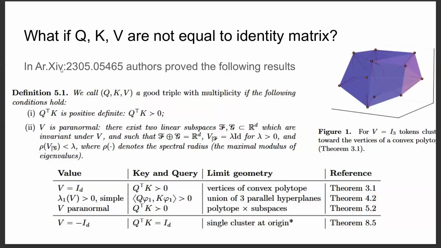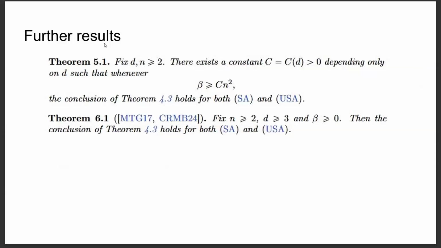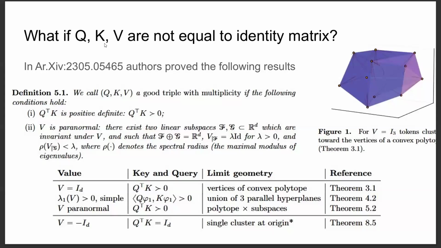This paper considers the cases when you do not need query, key and value matrices being equal to the identity matrix. That was just a simple degenerate case, but for general cases, you might see the results of what will be the limiting geometry of your measure mu.